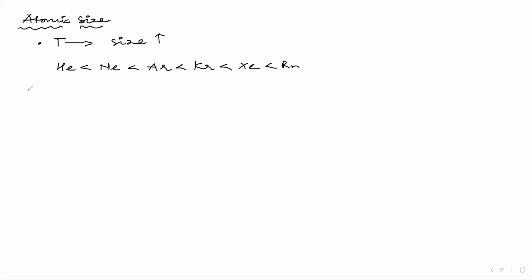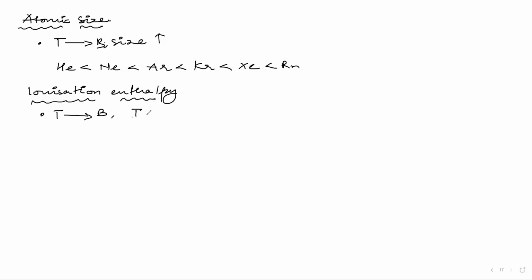Atomic size. After atomic size, ionization enthalpy. Top to bottom, it decreases, right? If we go top to bottom, the ionization energy decreases as ionization energy is inversely proportional to size of atom.